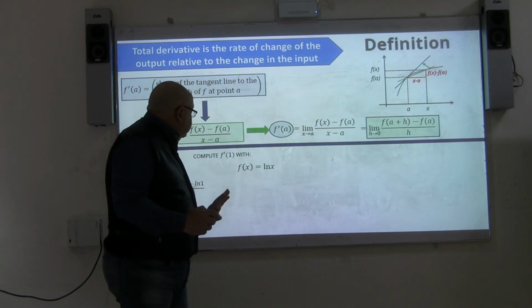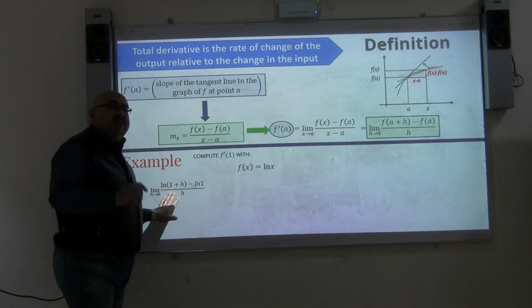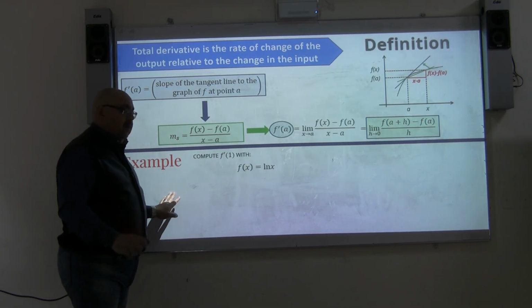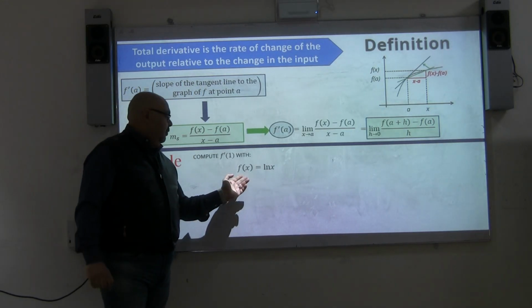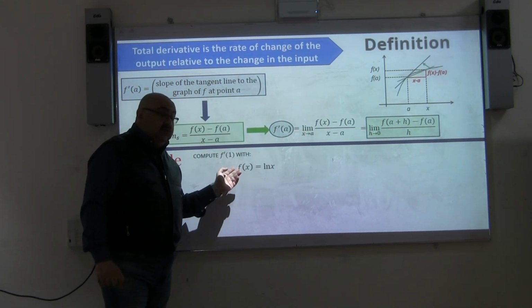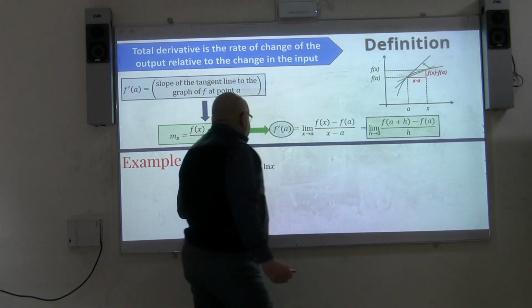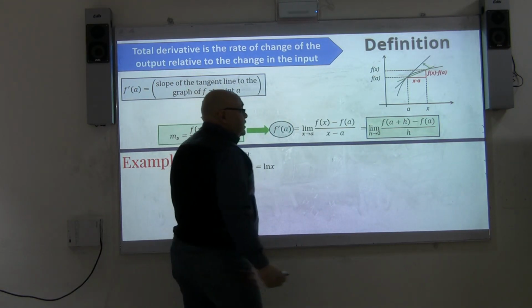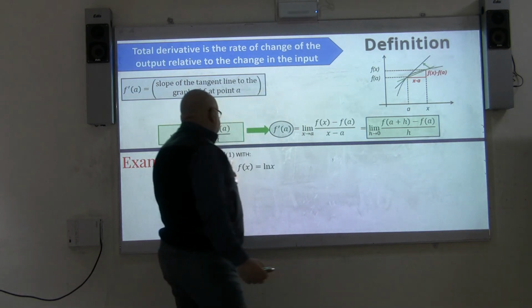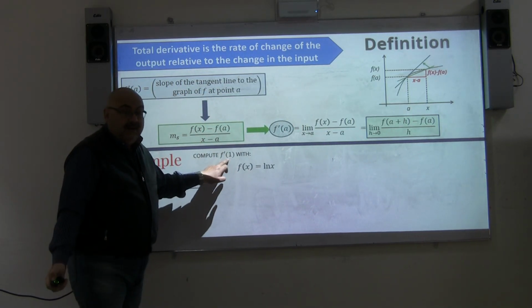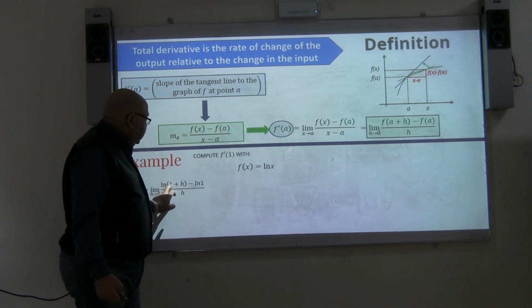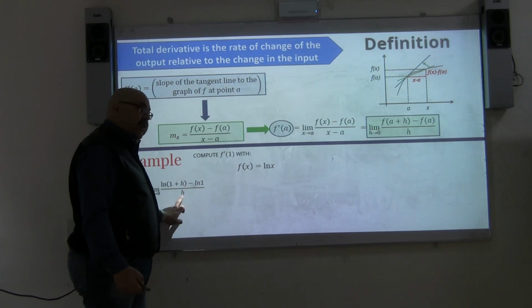All I have to do is to just make a substitution in the value of the function. What's the value of the function, Omar? It's f of x. So I will replace x by 1 plus h. Then I will replace x with 1 because I am seeking the derivative at 1. So simply it's going to be ln of 1 plus h minus ln 1 over h.